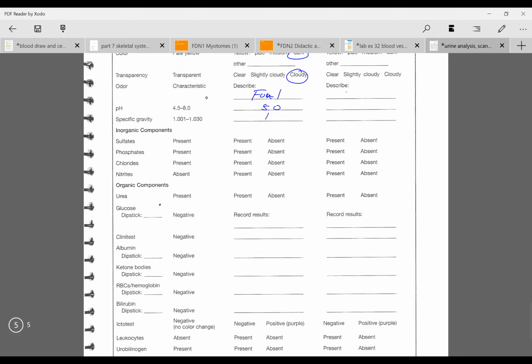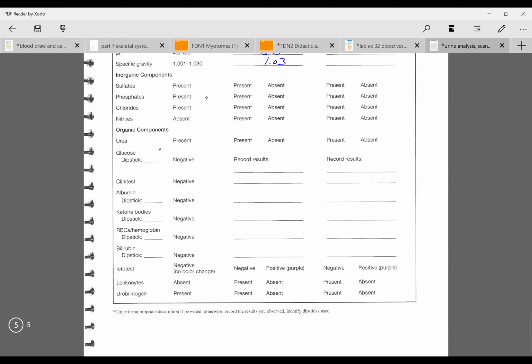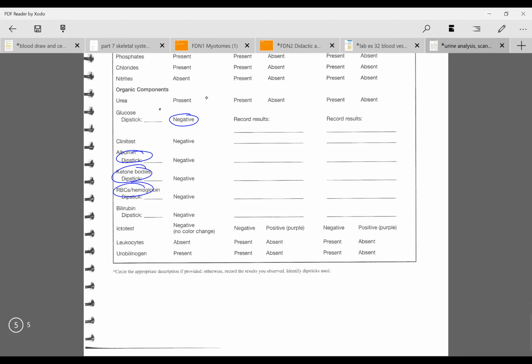Specific gravity of 1.03. We did not find glucose, but we did find the presence of albumin. We did find ketones, we did find red blood cells, and we did find leukocytes. Let's say the rest were negative.